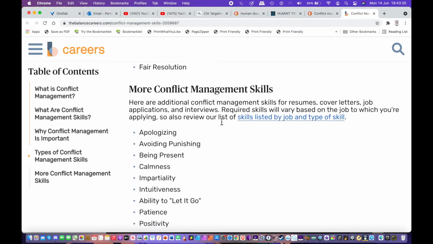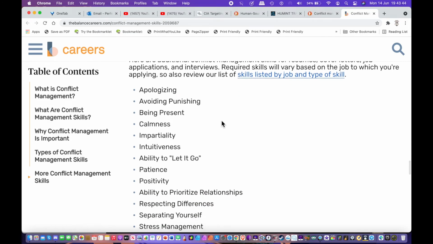More conflict management skills. Here are additional conflict management skills for resumes, cover letters, and such. Okay.